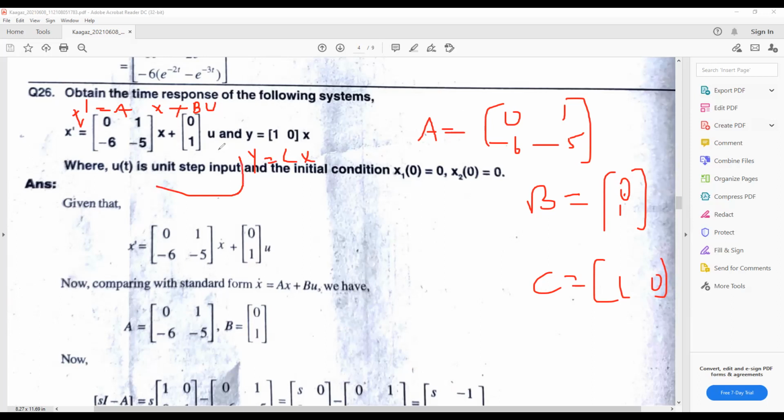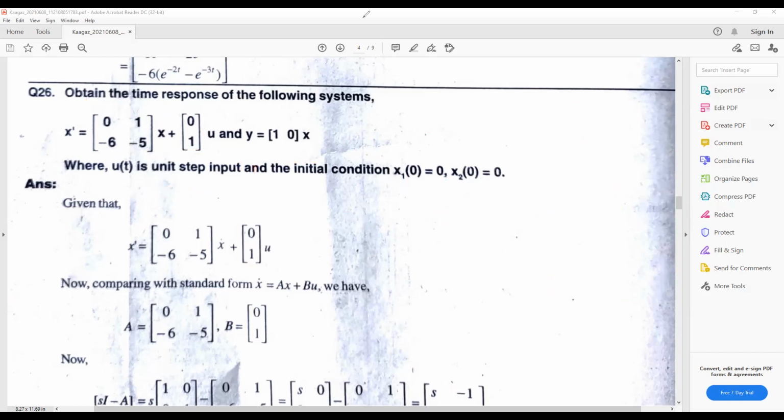Here the input signal is given. u of t is a unit step input and the initial conditions are 0. So what is x of 0? It is 0 and 0: x1 of 0 is 0, x2 of 0 is also 0. Did you understand the problem?